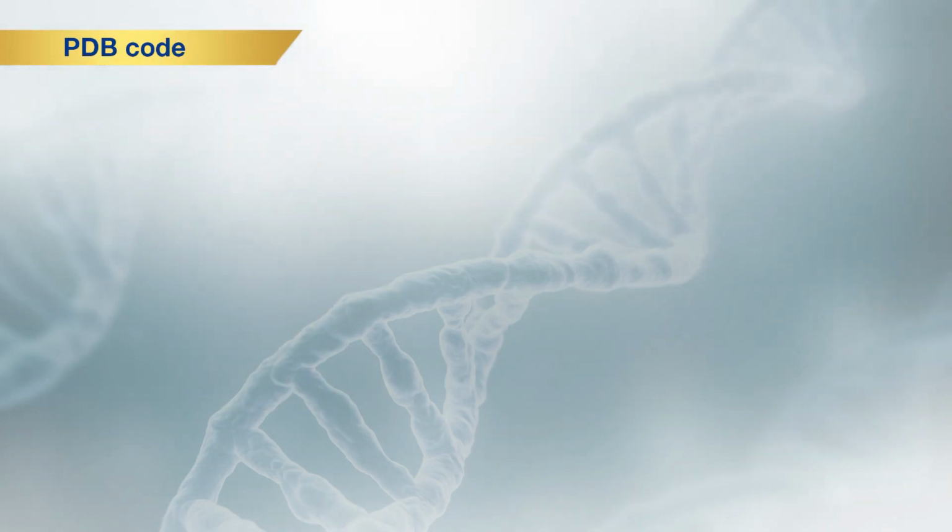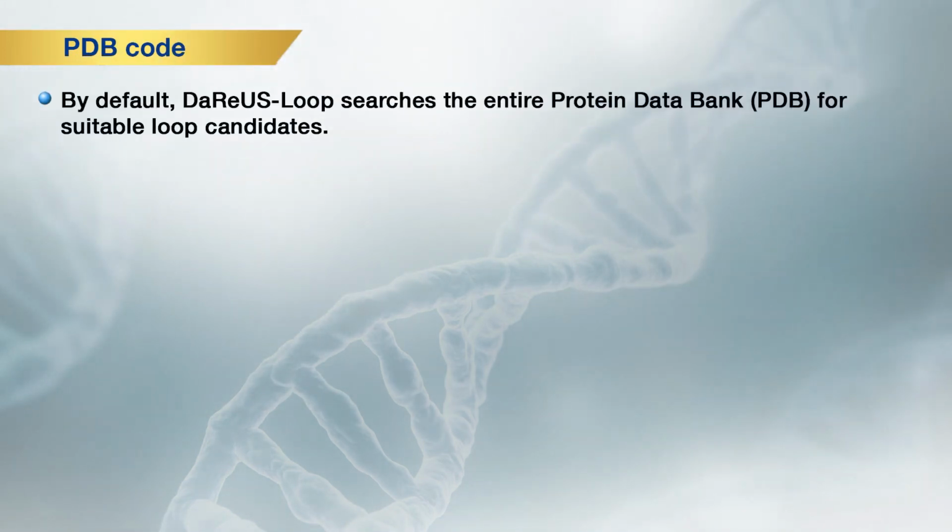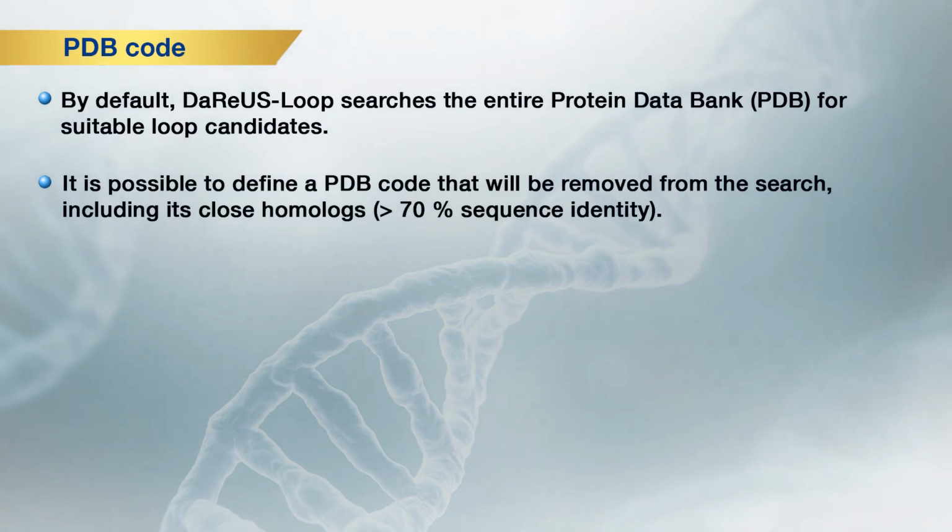Now let's see the PDB code. By default, Darius loop searches the protein data bank, so it has been connected at the backend with the protein data bank. For suitable loop candidates, it is possible to define a PDB code that will be removed from the search, including its homologs.